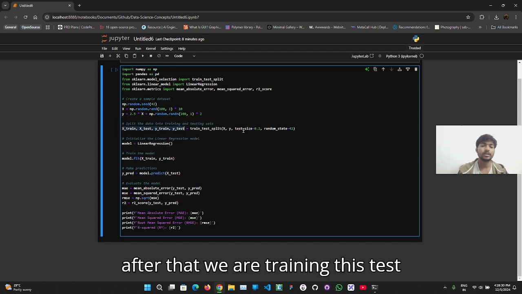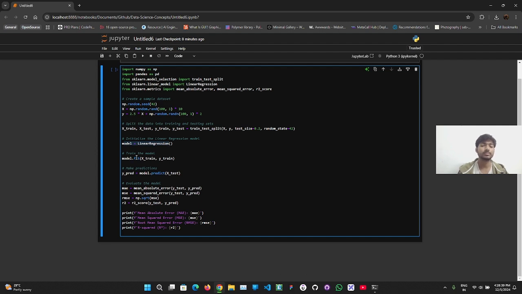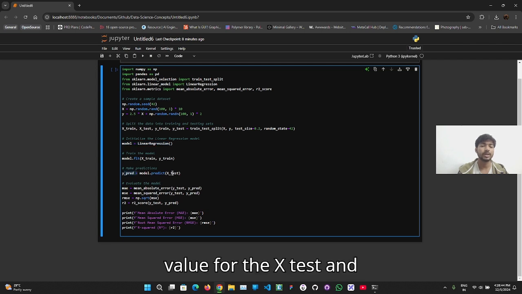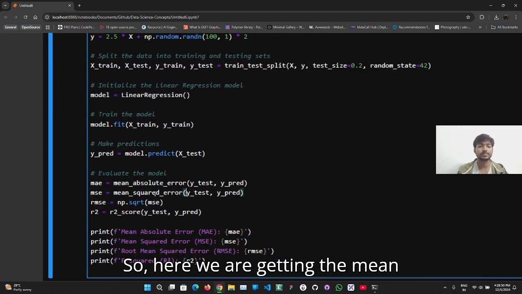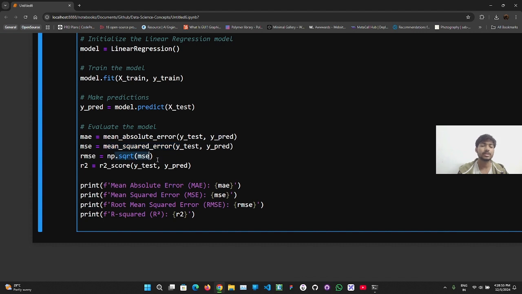After that we do the train test split, create a linear regression model, and fit it. Then we predict the y value for the x test, and here we get the mean absolute error, mean squared error, and R squared.